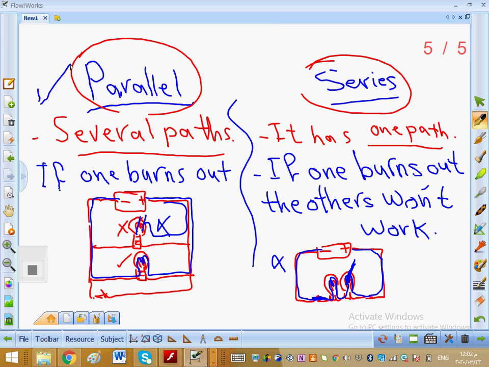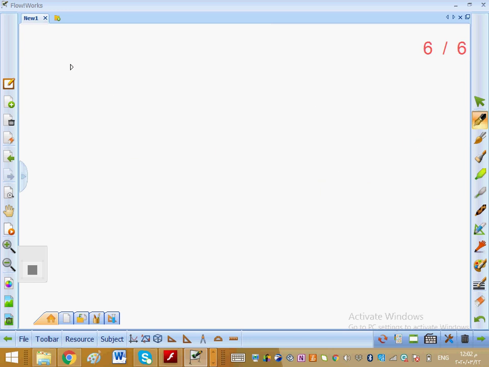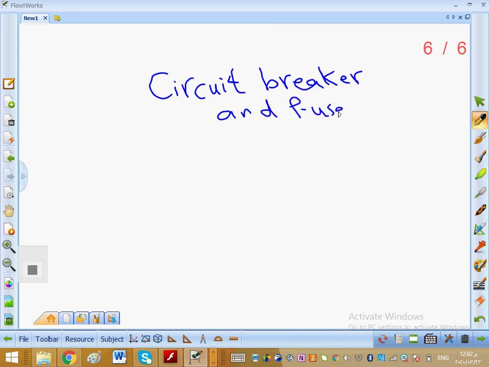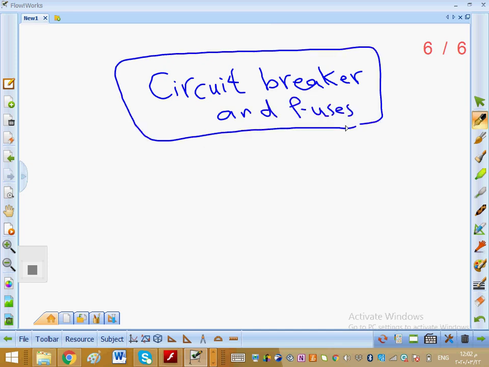Then we continued with circuit breakers and fuses, and we said circuit breakers and fuses are used in our houses and our expensive devices. Why? To protect our expensive devices. When electric current comes too high, it will open the circuit.